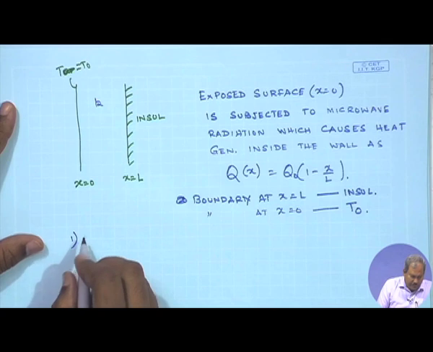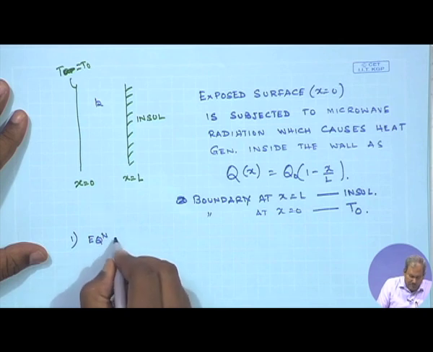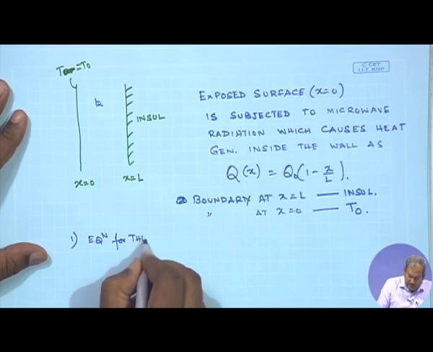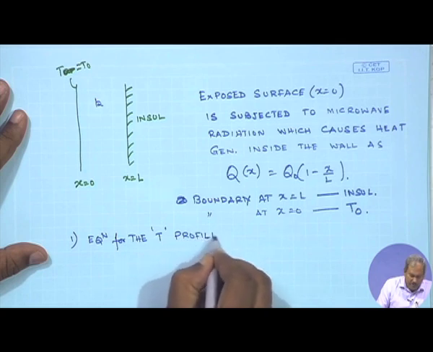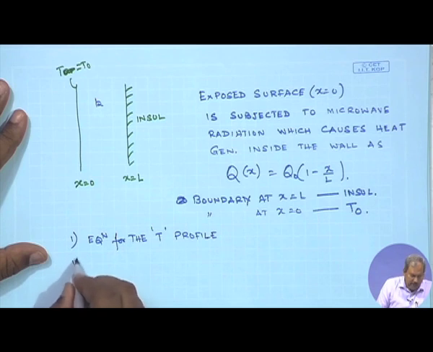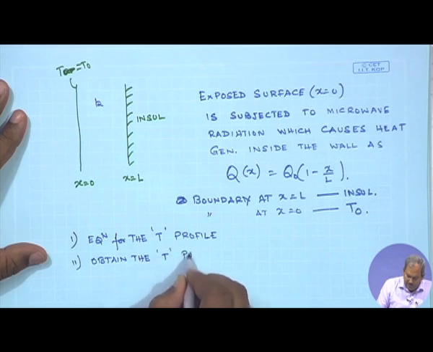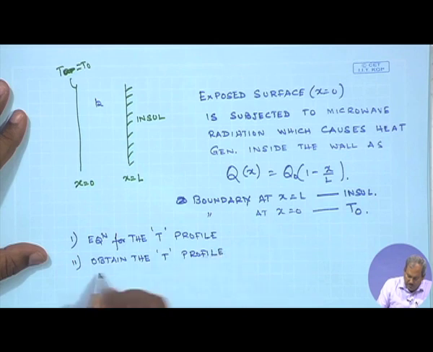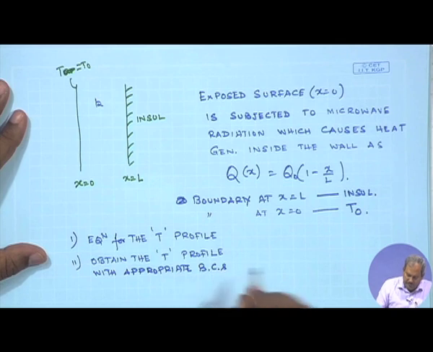The things that you have to find are, first, derive the equation for the temperature profile, and second, obtain the temperature profile with appropriate boundary conditions.